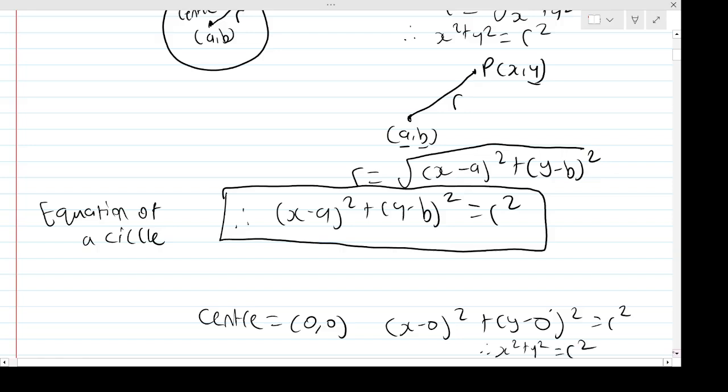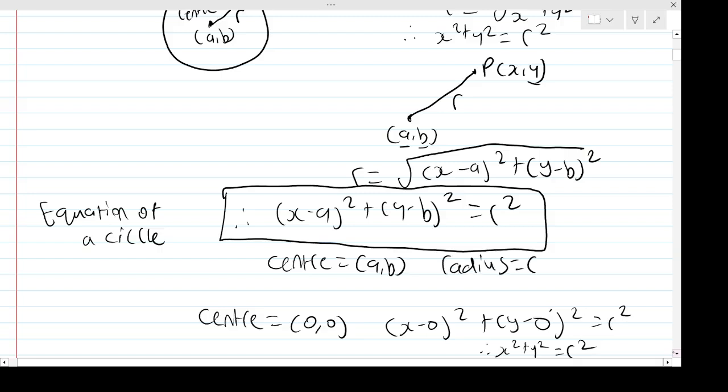So we get back that formula that we know and love. But with this formula, we would say that the centre is (a, b) again. I'll just write the centre was (a, b) there as an example, but (a, b) could be anything, right? And the radius is r.